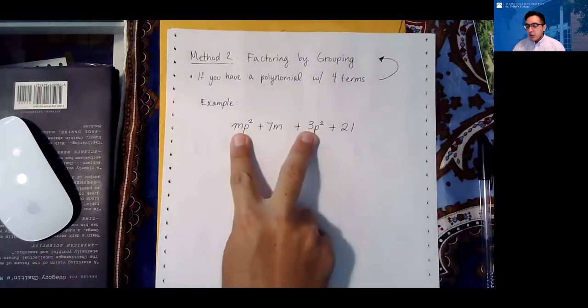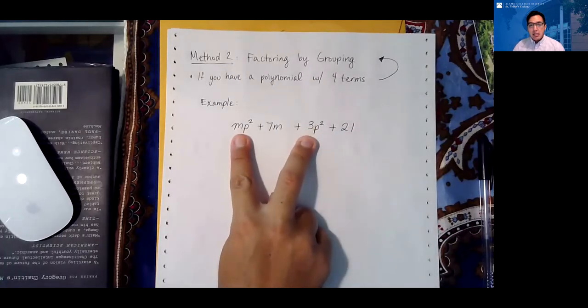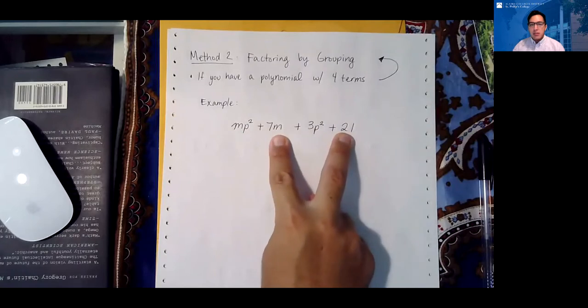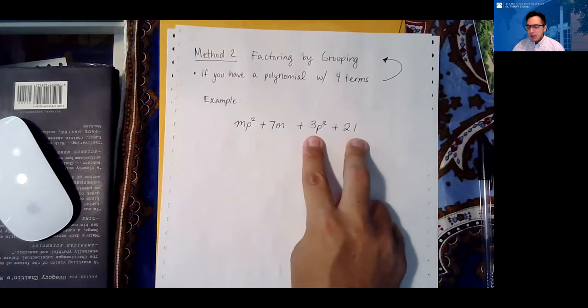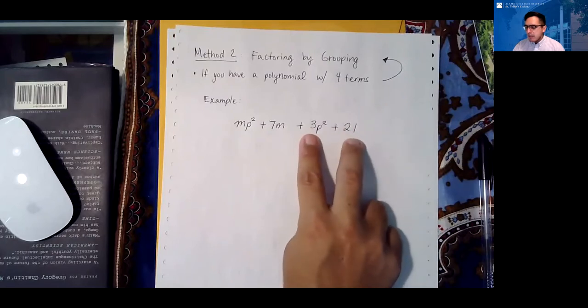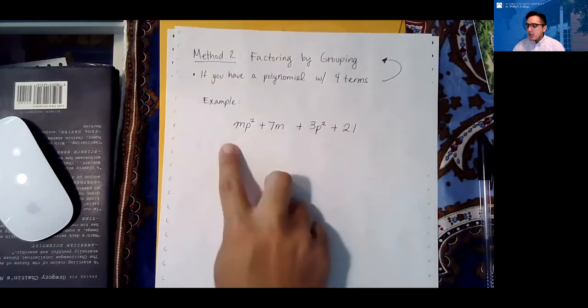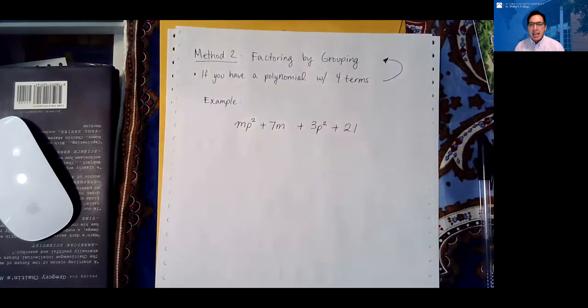The first and the third term look like they have a p in common, but the second and fourth term don't have a p. So it's already getting a little bit complicated to keep track of what factors belong where. The third and fourth terms have a factor of 3 in them, since 21 is divisible by 3. But it doesn't look like all 4 of them have some common factor.